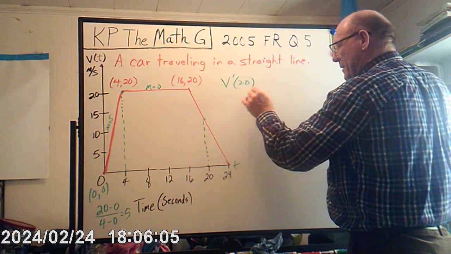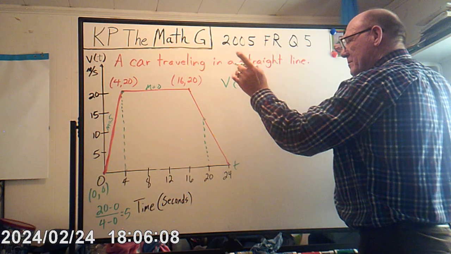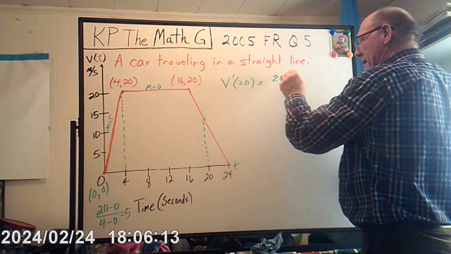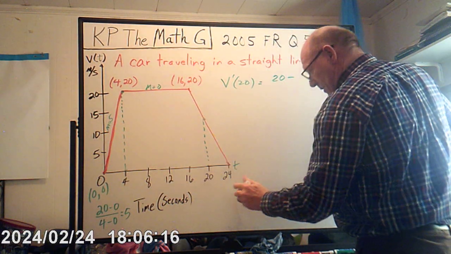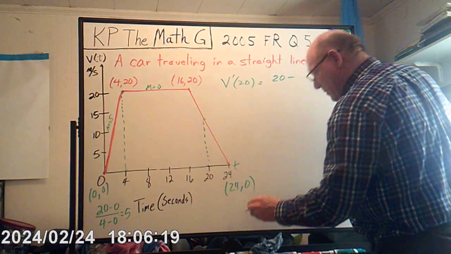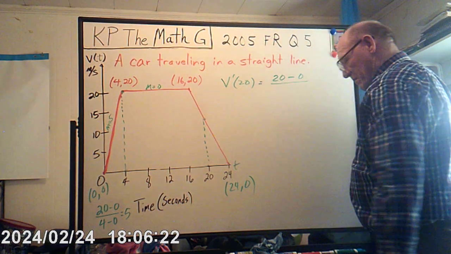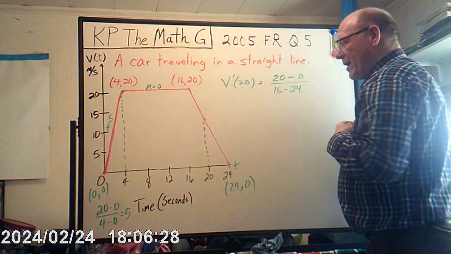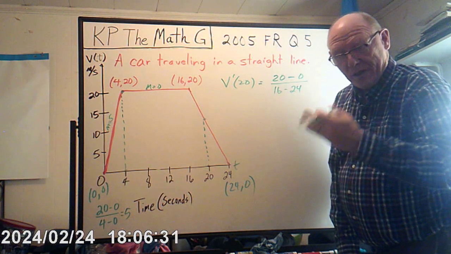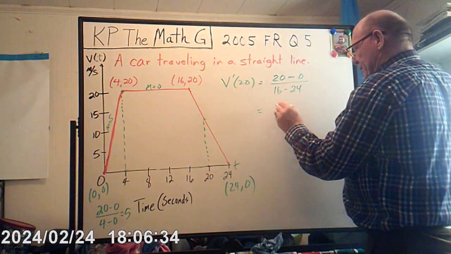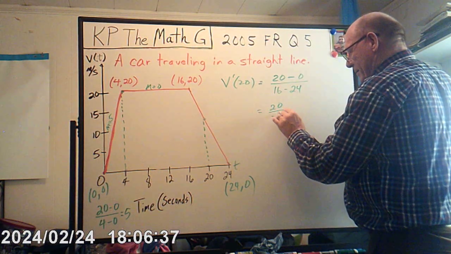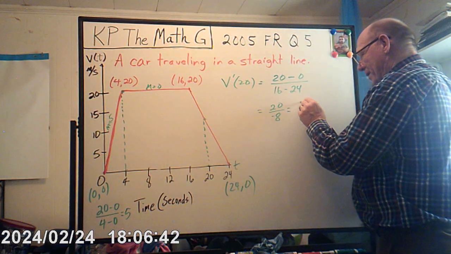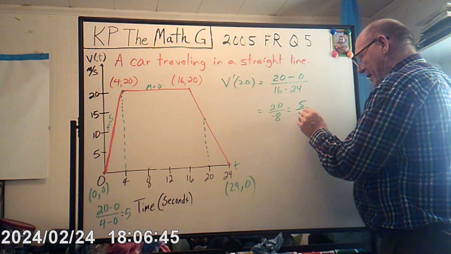So that's going to be equal to, let's see, 20 minus, oh, this is, by the way, 24 comma 0, so 20 minus 0 over 16 minus 24. And we have a definite slope here, don't we? This one does exist. This one's going to be 20 over negative 8, which is equal to, let's see, 4 goes into 20 5 times, 4 goes into 8 2 times.